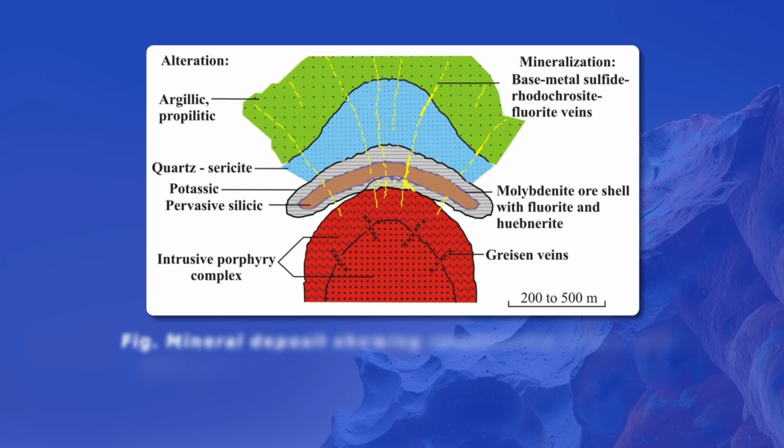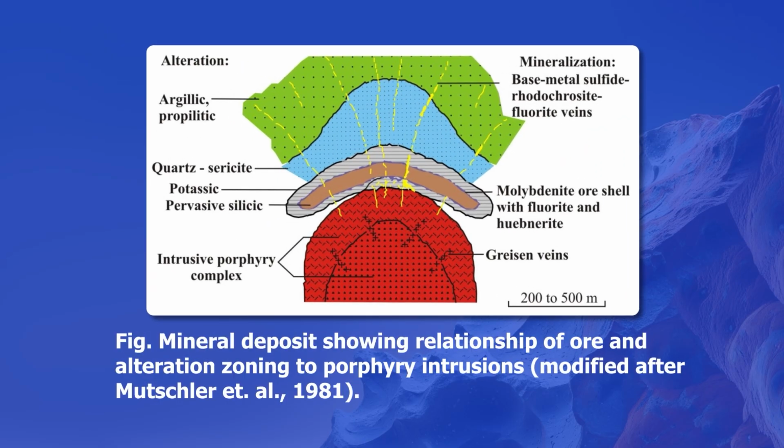Here is the diagram where I am showing you the mineral deposit showing relationship of ore and alteration zoning in porphyry intrusion. Here in this case, you may find green color alteration zone where argillitic or propylitic rocks are there. Mineralization is taking place in the form of a base metal sulfide, rhodochrosite, fluorite veins shown with yellow color, and you have a quartz sericite potassic pervasive silicate rock, molybdenite ore shell with fluorite and huebnerite.